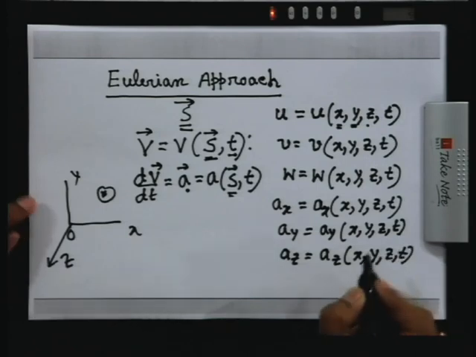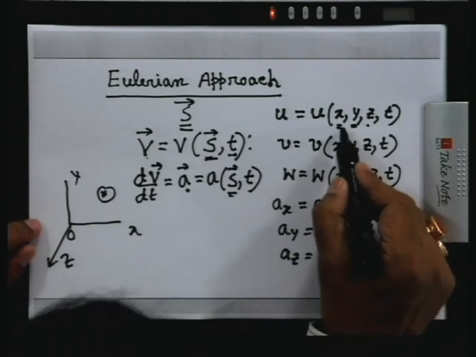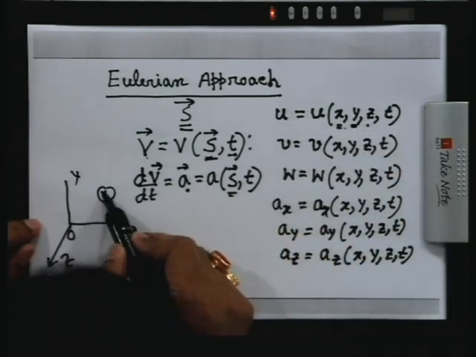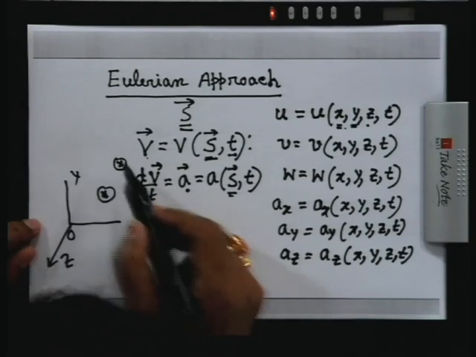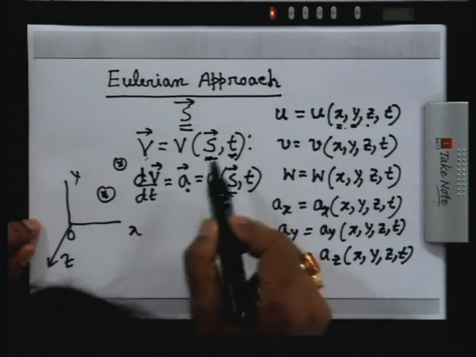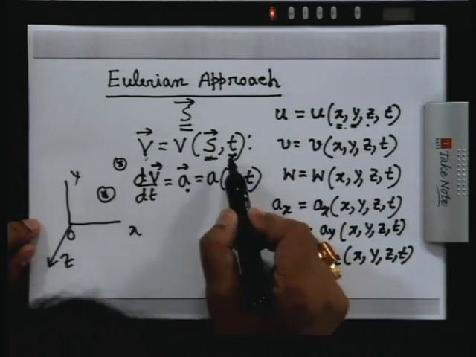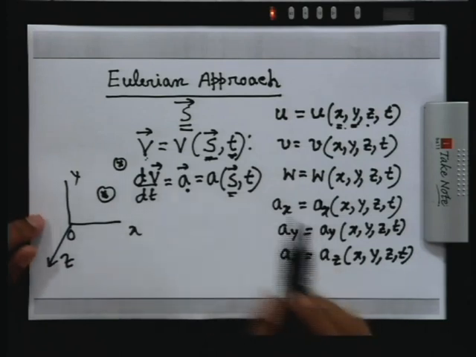Try to understand that here the velocity and accelerations are expressed as functions of space coordinates and time. The velocity at a particular location at a particular time is the velocity of the particle, and similarly the acceleration of the particle, which exists at that point at that time.